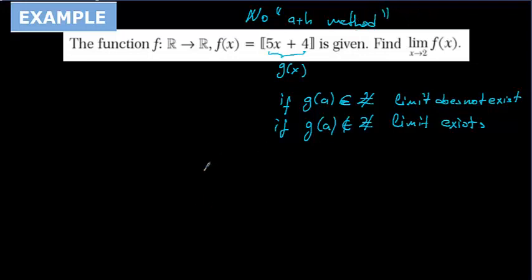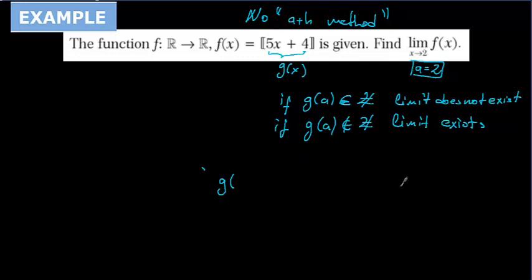Okay, so let's find g of a, which is 5 times x plus 4, and the a value for the question. First, let me tell you, a is equal to 2 for this question.